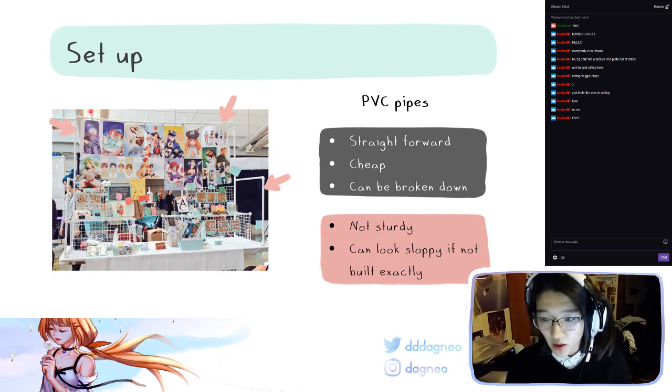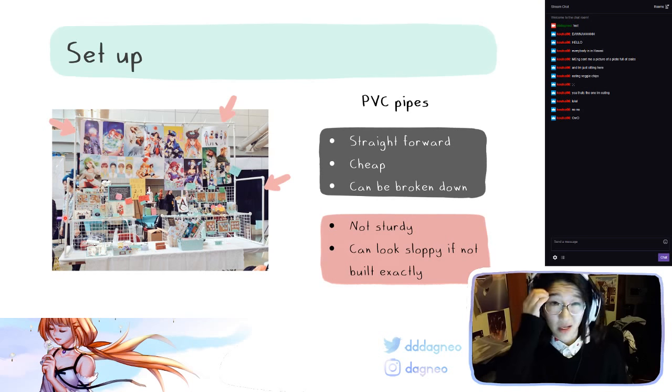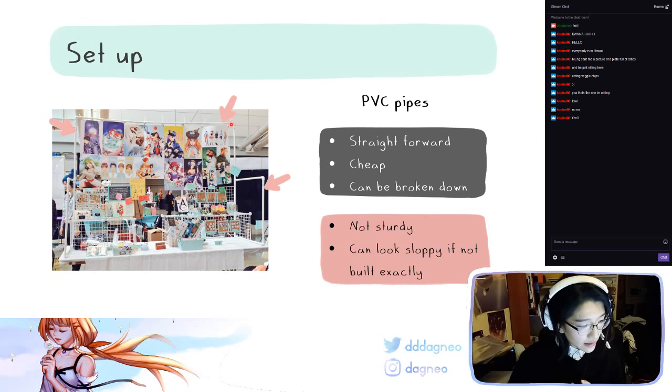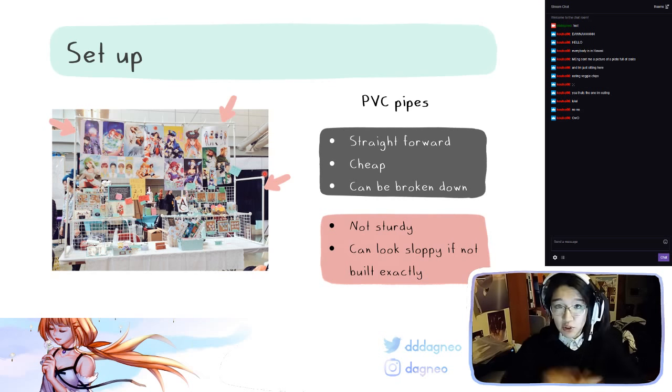These are, I think, technically considered plumbing pipes, but they can be cut into whatever lengths you want if you have a cutter, or if you go to Home Depot or Lowe's, a lot of times they'll have a cutter there, and you can cut it on the spot. And you can just buy these little corner pieces, these connectors, and honestly, just build whatever you want.